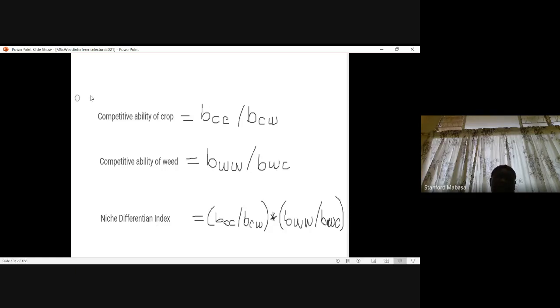Using the competitive abilities of the two, this is actually a product of the competitive ability of the crop and the weed. That gives us the niche differentiation index. Actually, some of these terms could be applied to intercropping experiments.